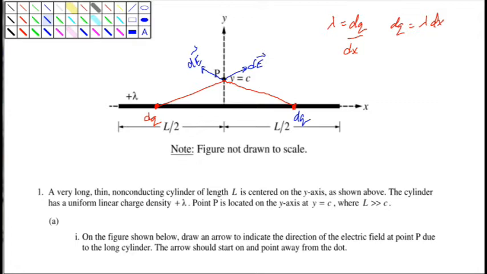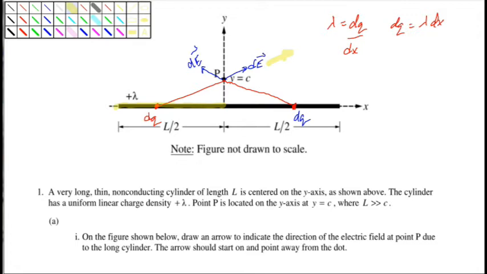For every position to the left of the point that generates some dE, we get a dE that points up and to the right, off in this direction here. And for every one of those points to the left, there is an equally distant position to the right of the point that generates an equal magnitude dE that points up and to the left.